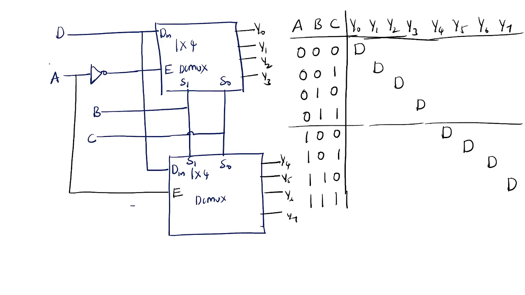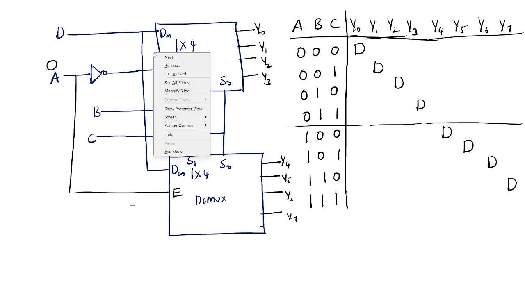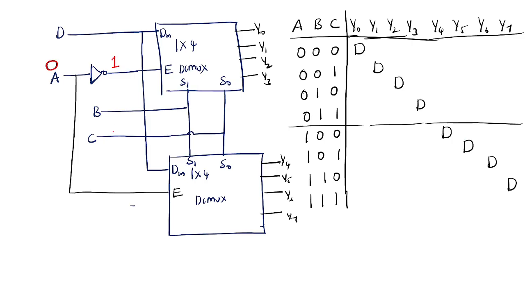See here, when A equal to 0, here you are getting 1 and here you are getting 0. Which mux will be active? This will be active and this will be deactive, no?